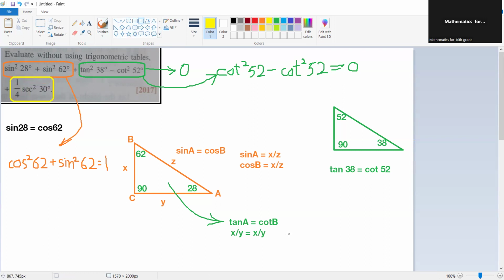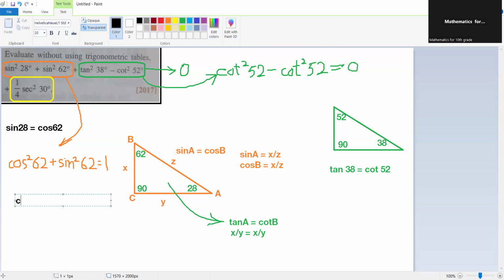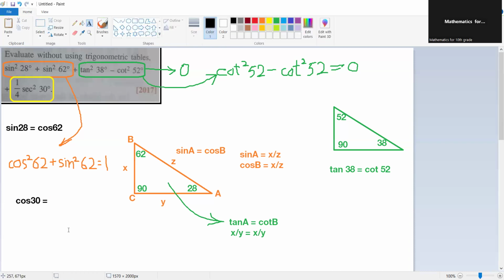Sec theta is 1 by cos theta. Now cos 30 is √3/2.